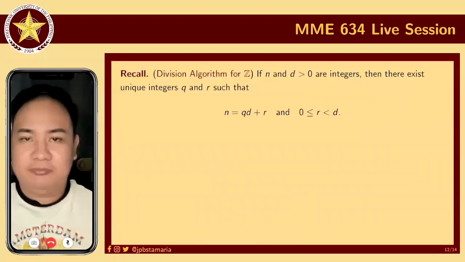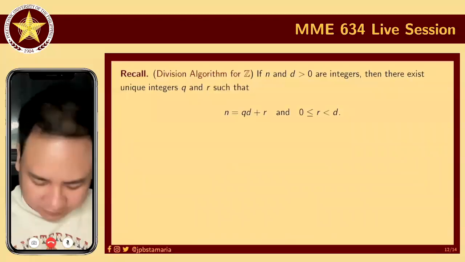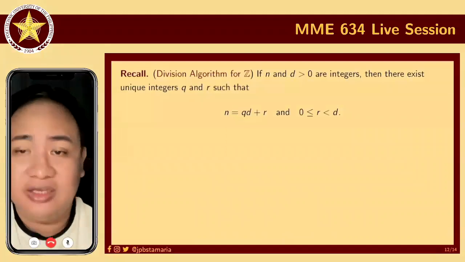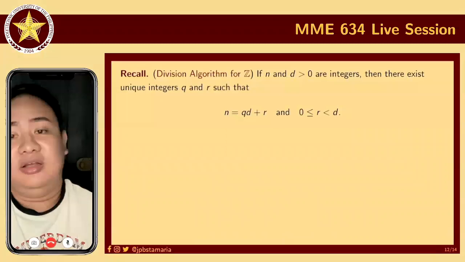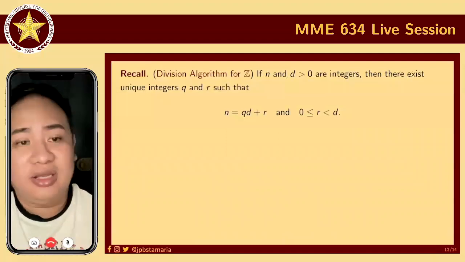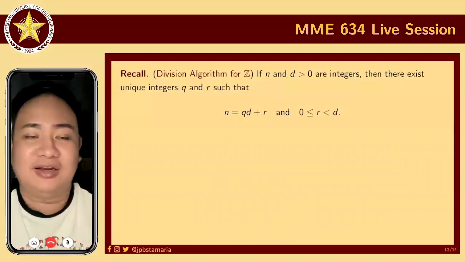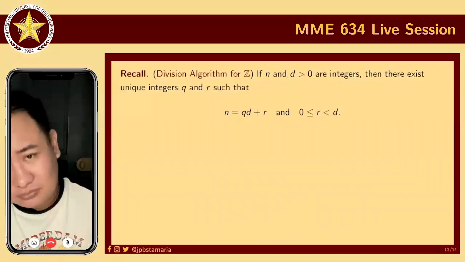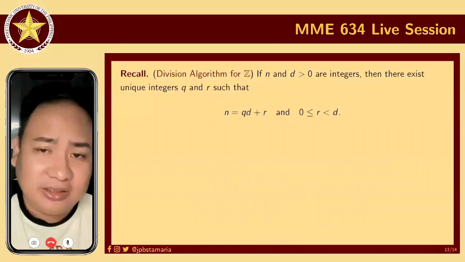Okay. Naalala nyo ito? Ang tawag dito ay division algorithm for Z. For the integers. Kasi, remember, if you have an integer n and you have a positive integer d, you can always divide n by d. Makakakuha ka ng tinatawag na quotient tsaka remainder sa basic arithmetic. No? More formally, ganito siya.